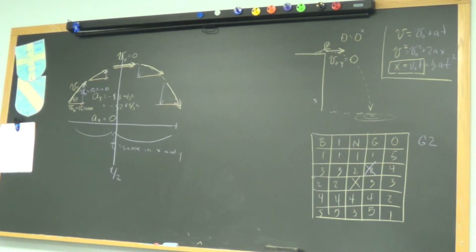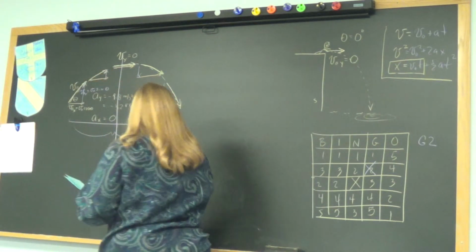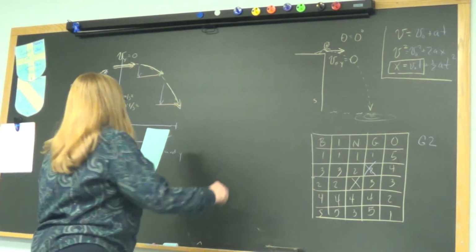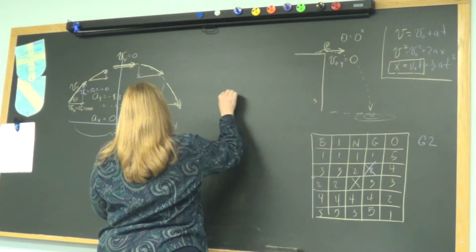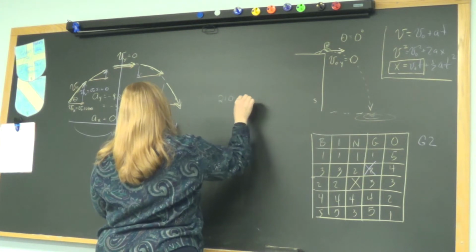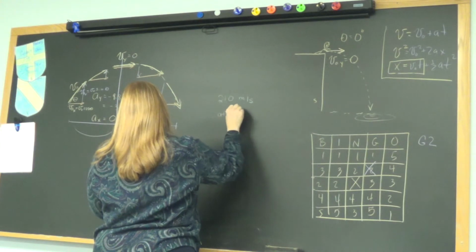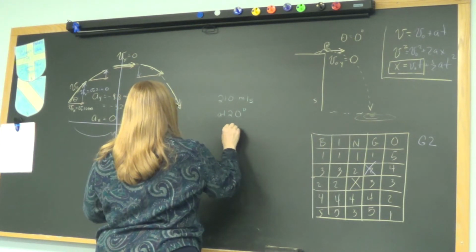All right, let's do one with the range equation. Notice it's off the board, so you're going to have to come up with it. So say that I shoot a gun and its initial velocity is 210 meters per second. I'm shooting at 20 degrees. Find the range.